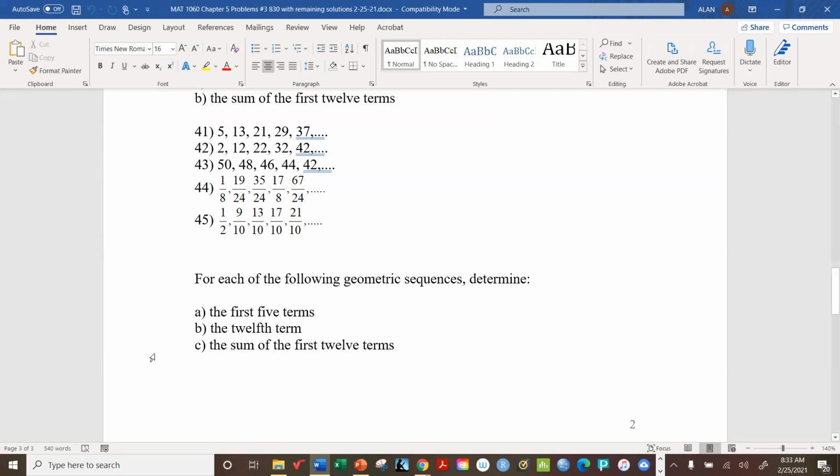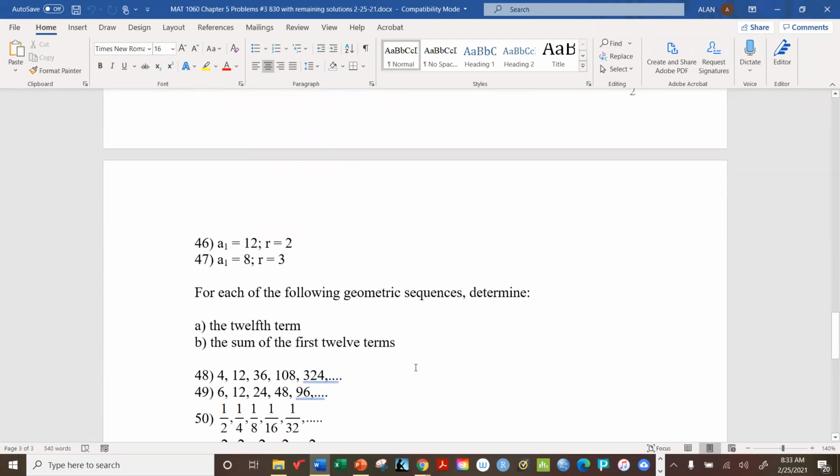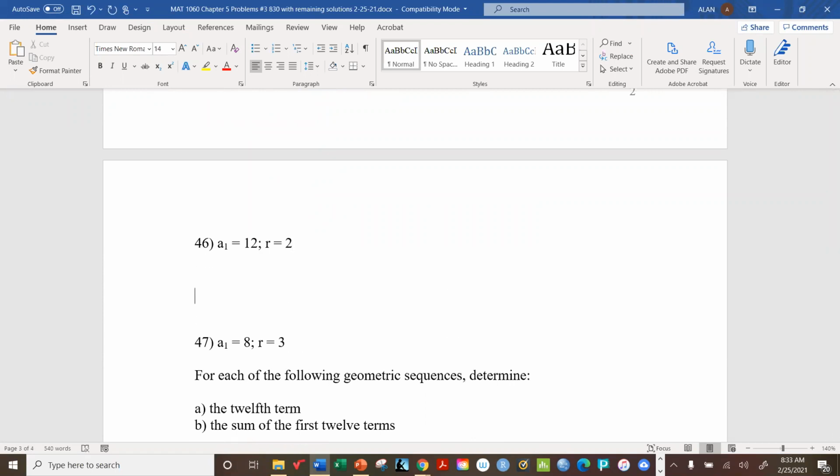So let's do both of them whenever feasible, just to see how they compare with each other. Now, the first 5 terms in this case, you can see that you have not been given the actual terms, but you do have the first term and the common ratio. So basically, you're starting with 12 and then doubling as you go along. And that's all this is. So those are your first 5 terms.